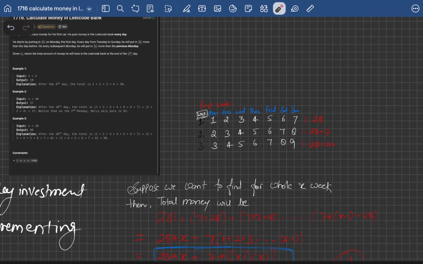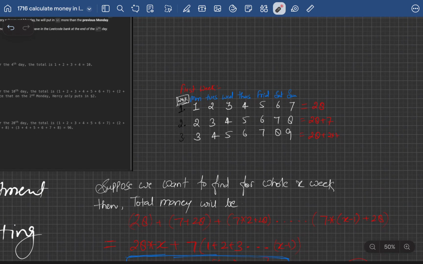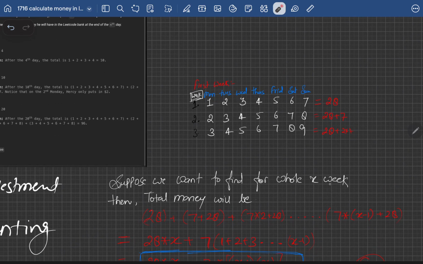Okay, let's see what I am going to do. Suppose we want to find for whole x weeks, like the days should be a multiple of 7, for 7 days, for 14 days, for 21 days.